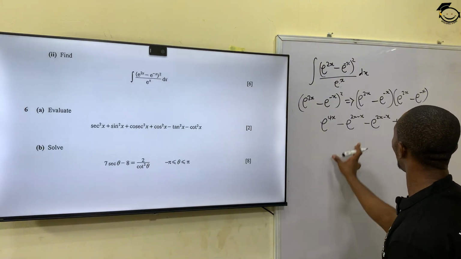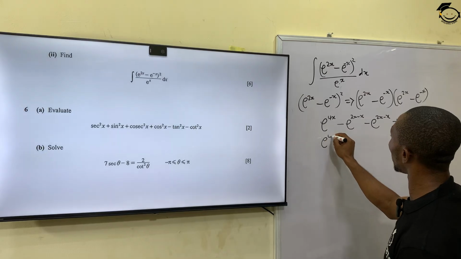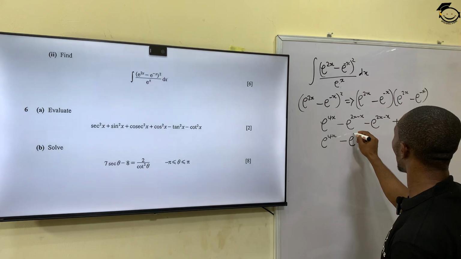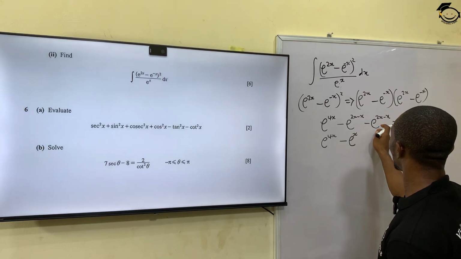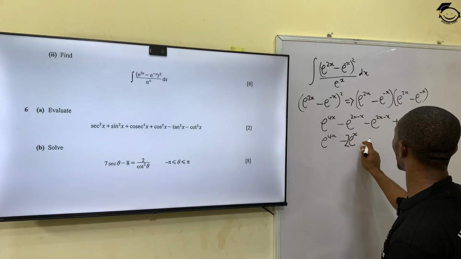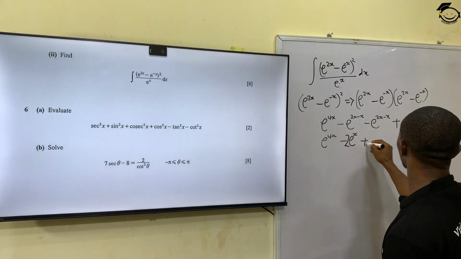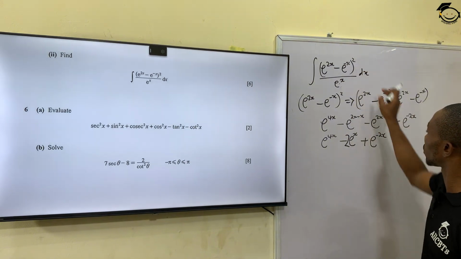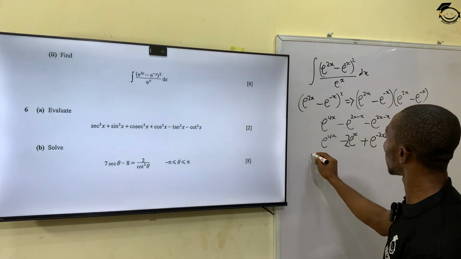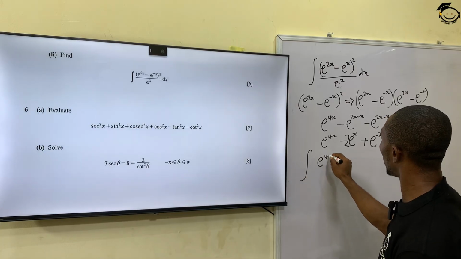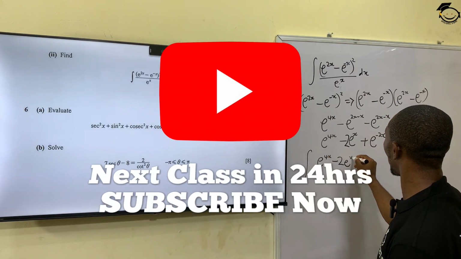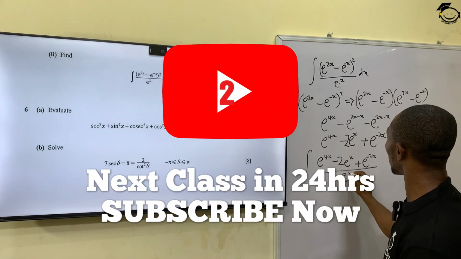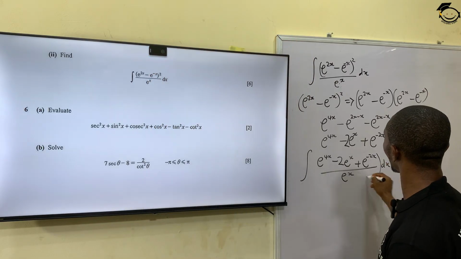All right, now from here, closing up this, we have e raised to power 4x minus e raised to power x. So same thing with this. So this will give us 2e raised to power x plus e raised to power minus 2x. Now replacing our numerator with this will give us the integral of e raised to power 4x minus 2e raised to power x plus e raised to power minus 2x, all over e raised to power x, dx.